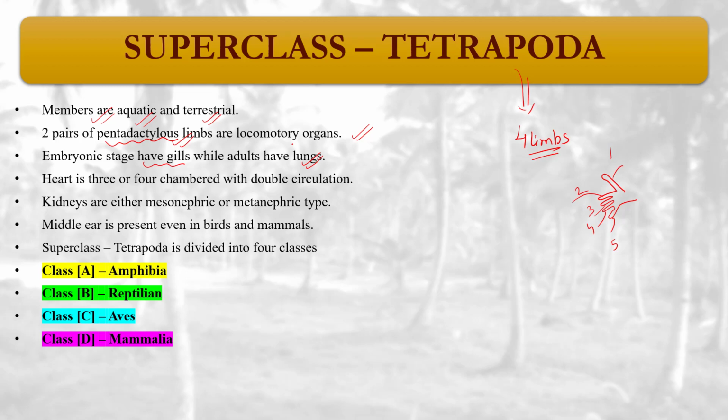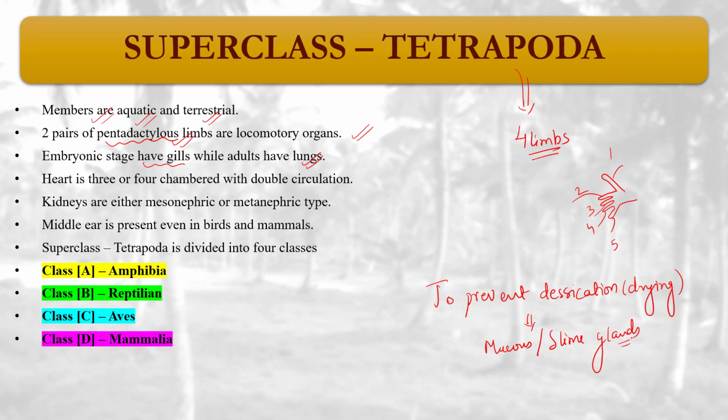And that is why they are supported by different types of slime glands or mucus glands, right? So to prevent desiccation, desiccation means drying, they have mucus or slime glands. Heart is three or four chambered with double circulation. Okay.